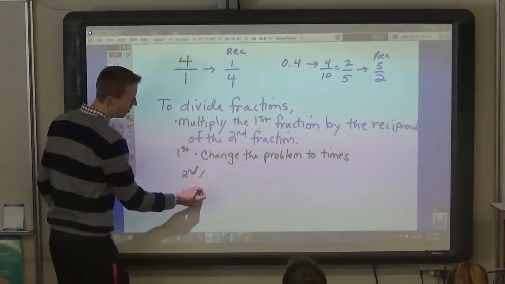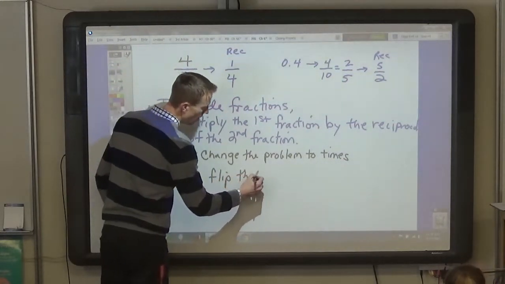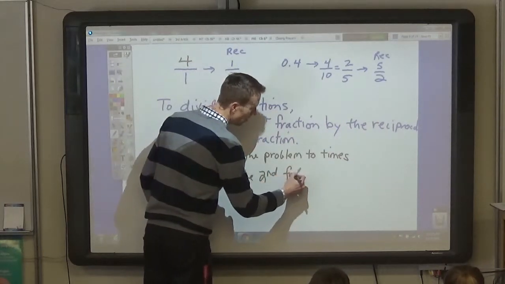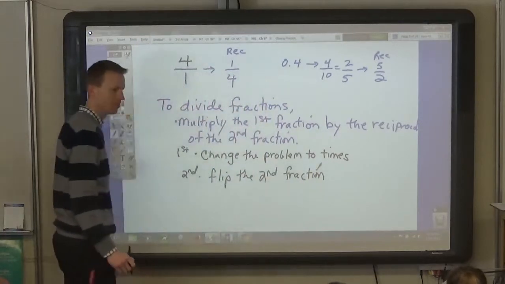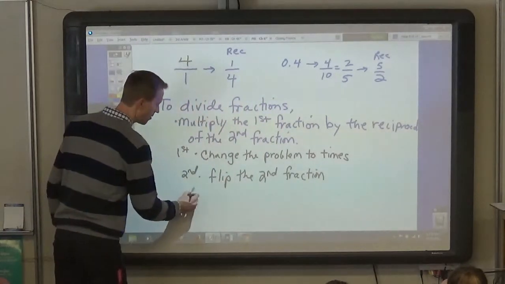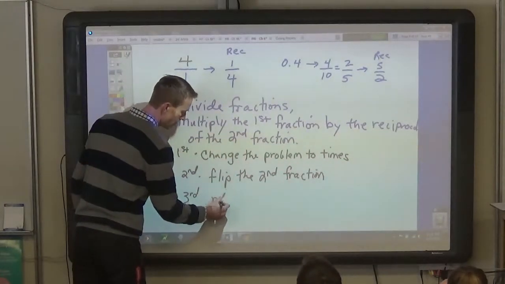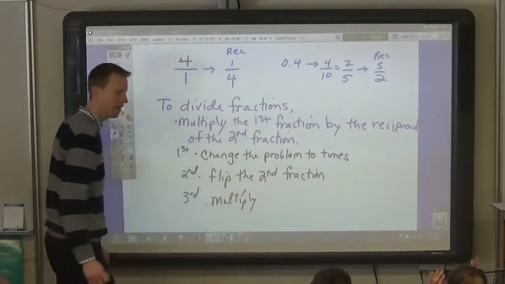Second, we have to flip the second fraction. And then third is to multiply.